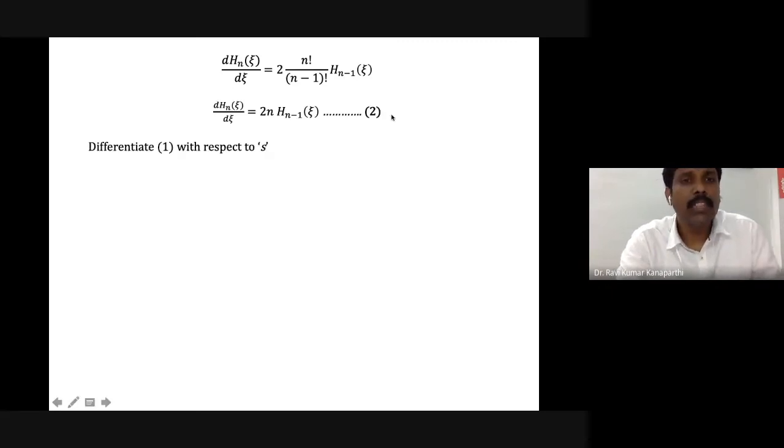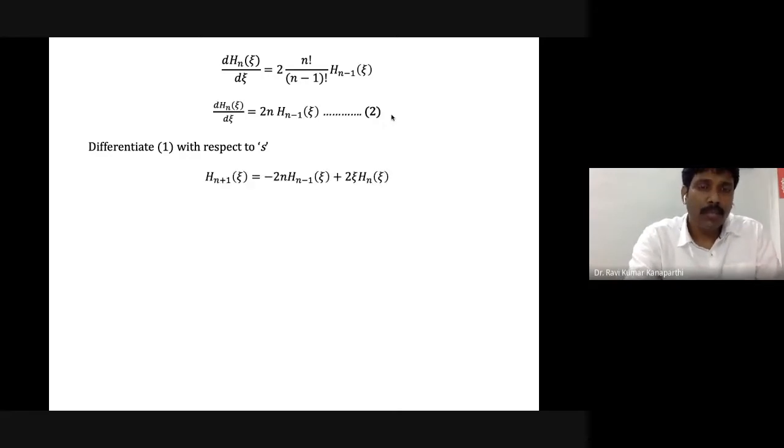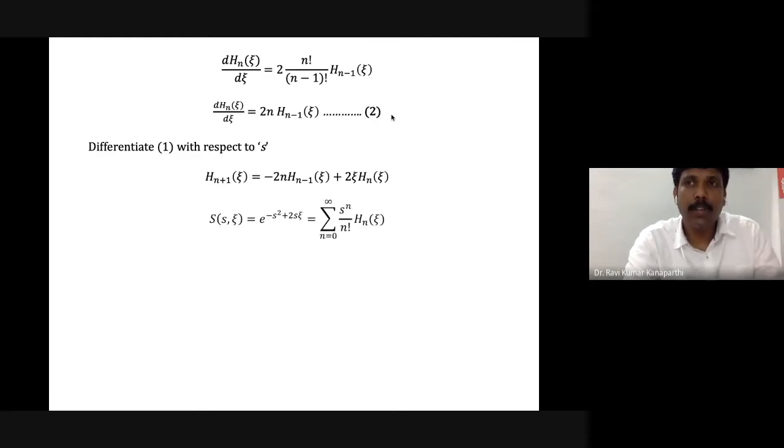Now the next step, I have a generating function, and this time we want to evaluate the first derivative with respect to s.